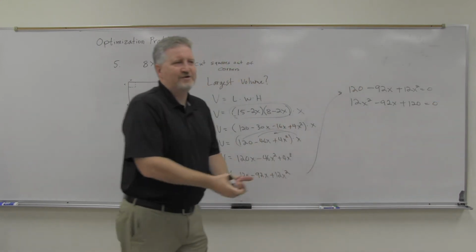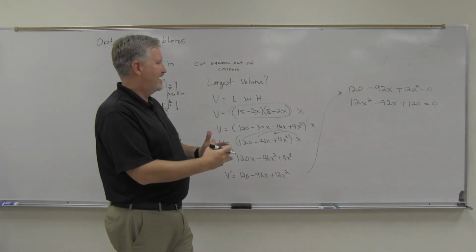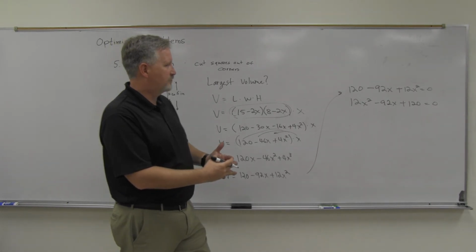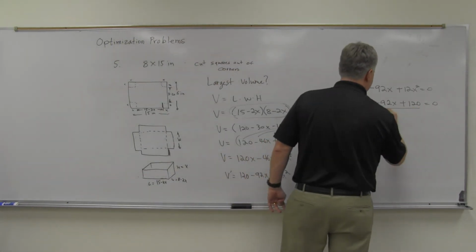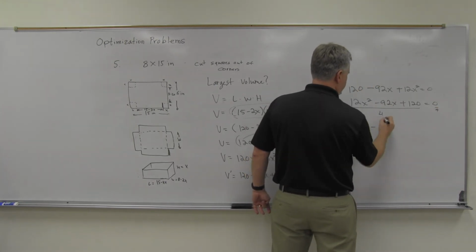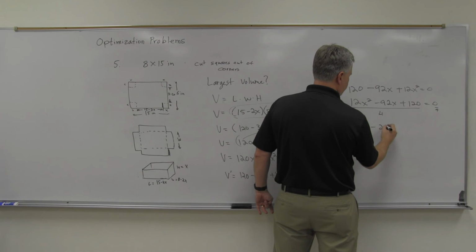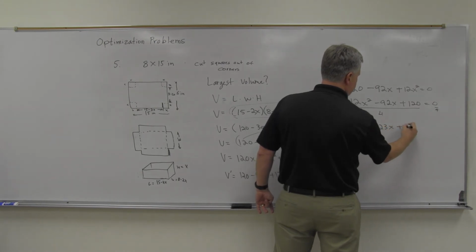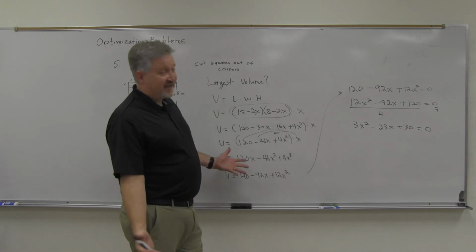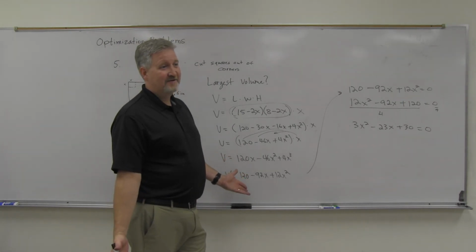So yeah, I could go to the quadratic formula. However, I believe this divides by 4 at least. Get rid of that. So it'll be 3x squared minus 23x plus 30. And again, you could use quadratic formula there, but it does factor.